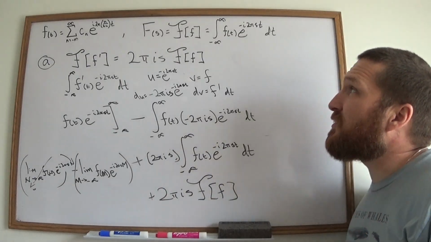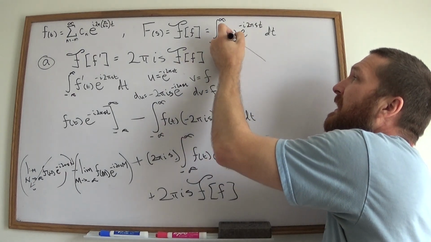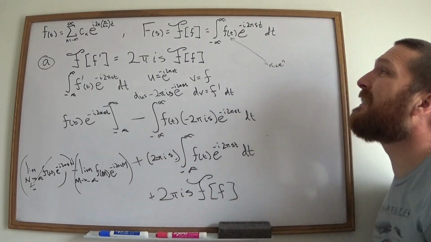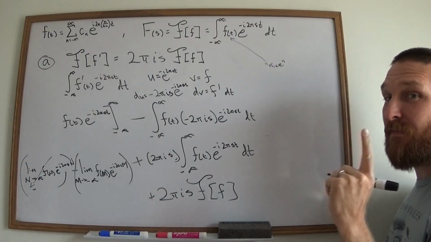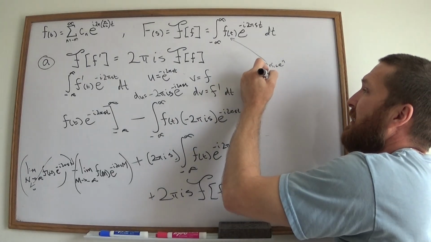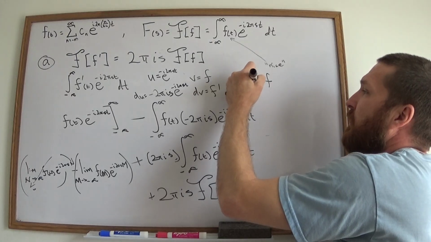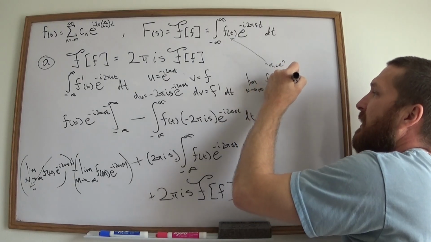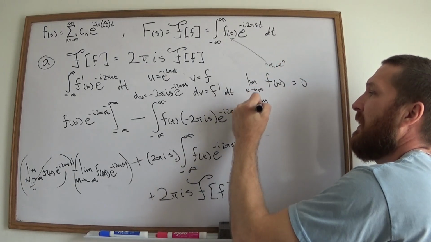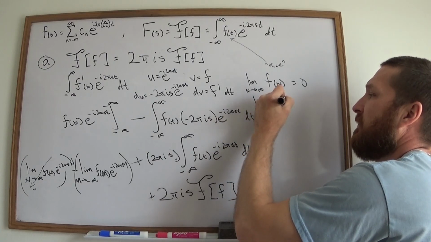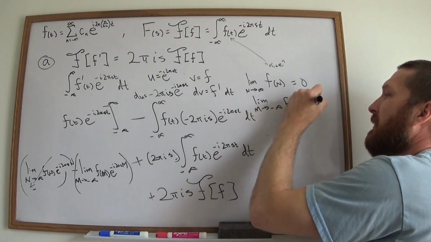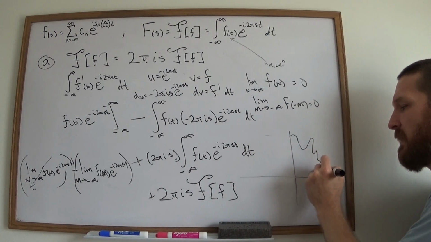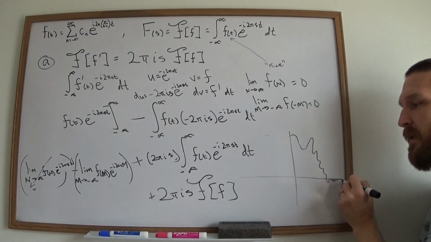What I meant to do was tell you the key here: for f to be nice, one of the requirements is that the limit as n goes to infinity of f of n has to go to 0, and the limit as m goes to negative infinity of f of negative m equals 0. Another way of saying that is that f can do whatever it wants, but as time goes on, it's got to go down to 0.